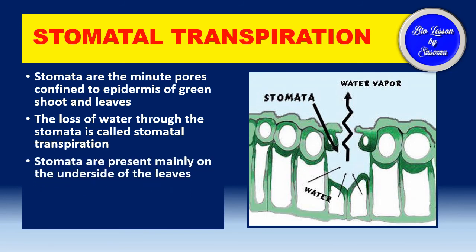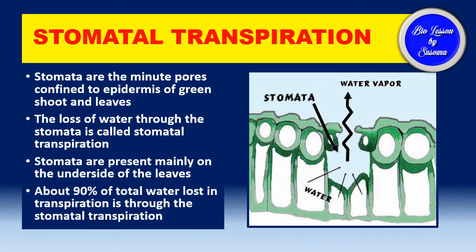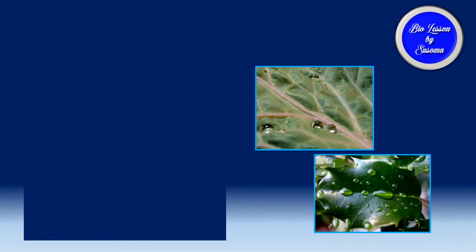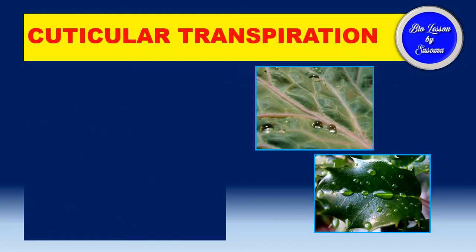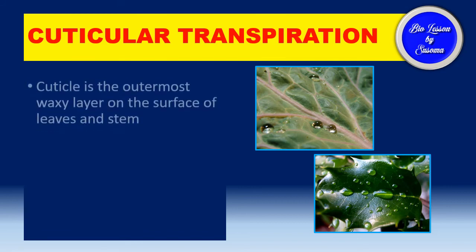Now stomata are present mainly on the underside of the leaves, and about 90% of the total water lost in transpiration is through stomatal transpiration. Next we have cuticular transpiration. What is the cuticle?